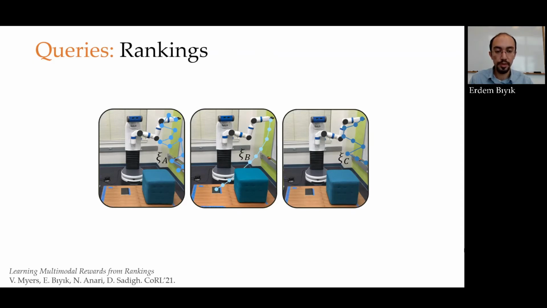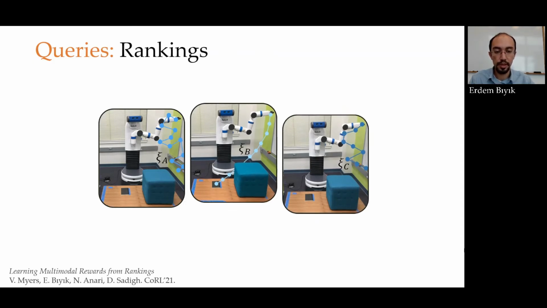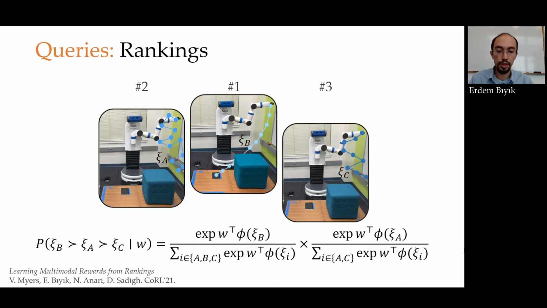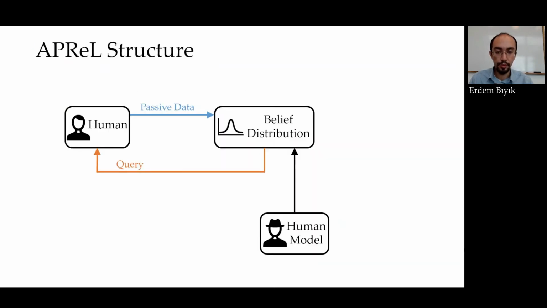Another query type is rankings, where the user ranks a given set of trajectories, and APREL will only need a model for each possible response. For example, the Luce choice axiom extends the softmax model to these ranking queries. But overall, the point is that the designers are not restricted to the query types that we implemented. They can be creative and come up with new types.